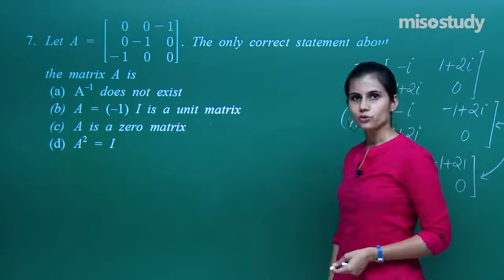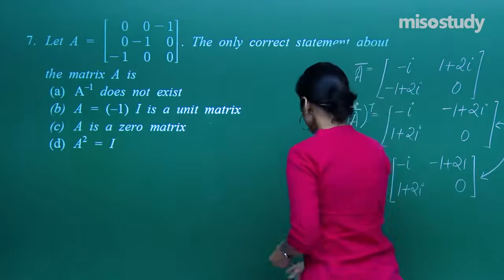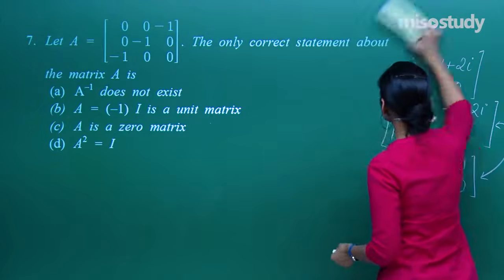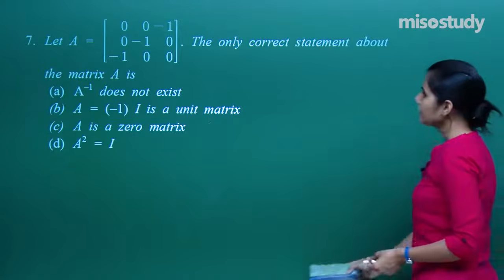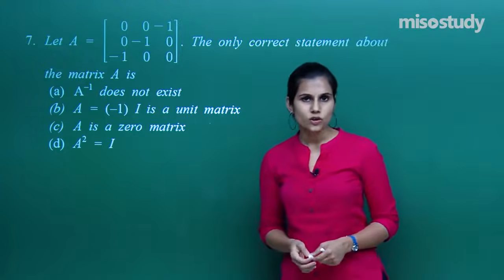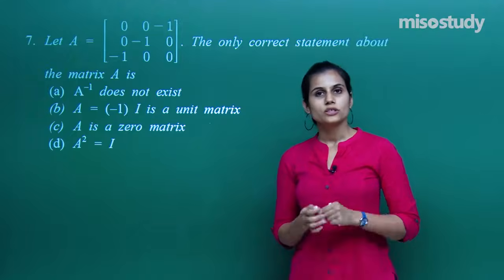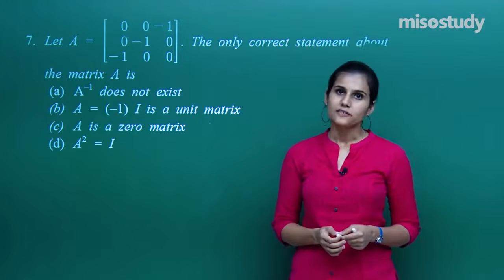Now, next question says if A is this matrix, then regarding the matrix A, which of the following is true? Okay, so talking about whether A inverse exists or not, I will have to talk about the determinant of A. If the determinant of A turns out to be 0, inverse does not exist. If A turns out to be a non-singular matrix, only then the inverse exists.